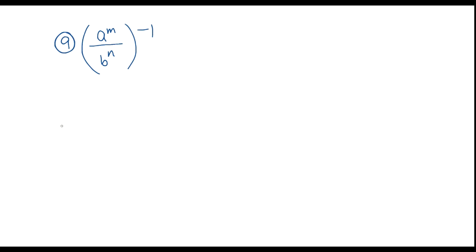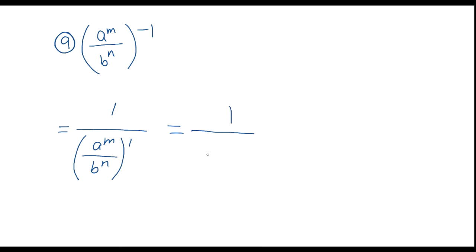That means it will be 1 on a to the power m, b to the power n whole, right? And 1 means just this thing. So we can write 1 on a to the power m, b to the power n.